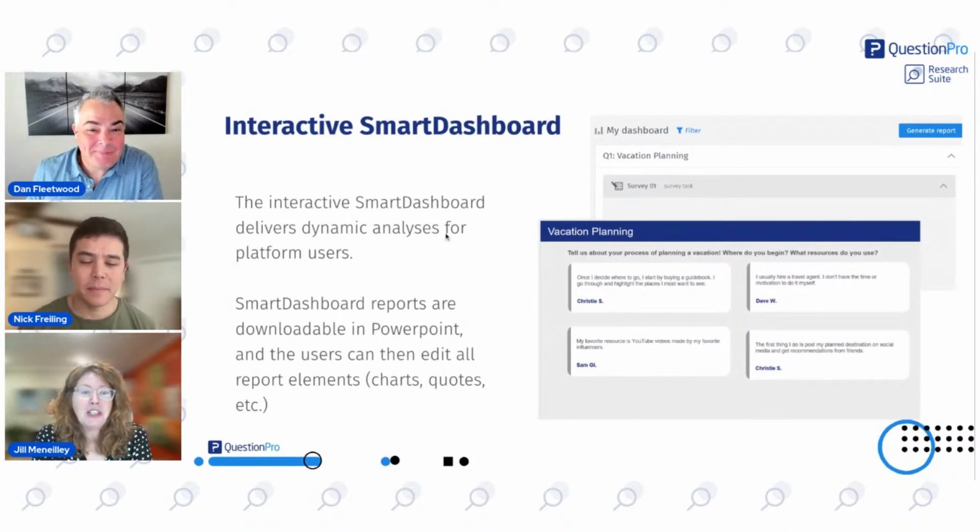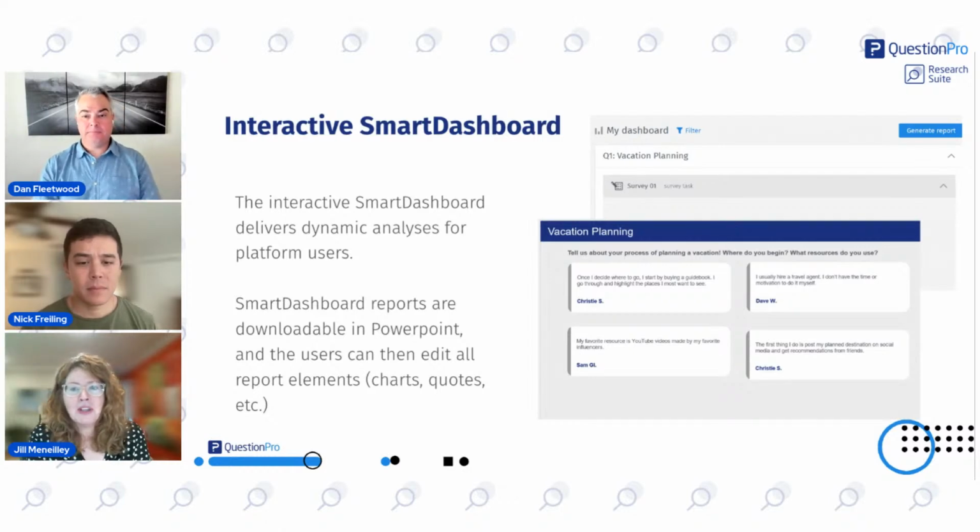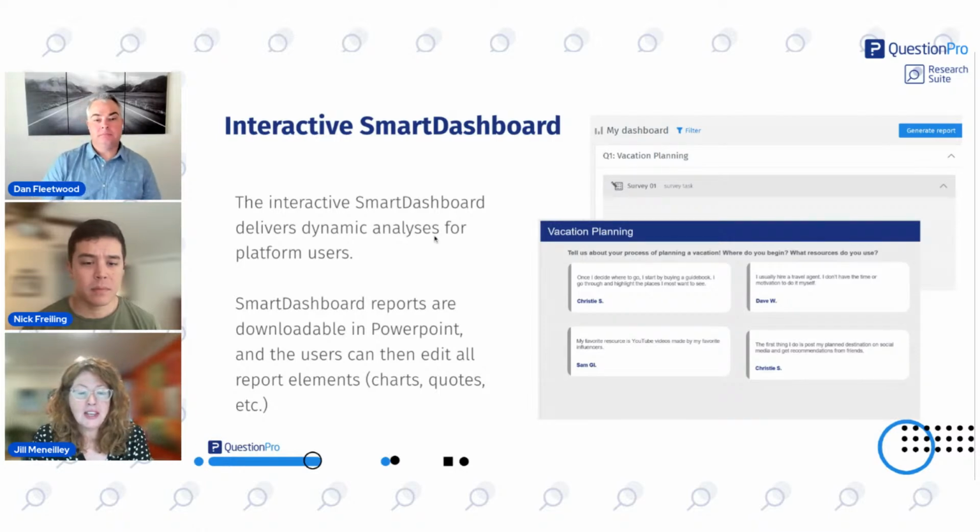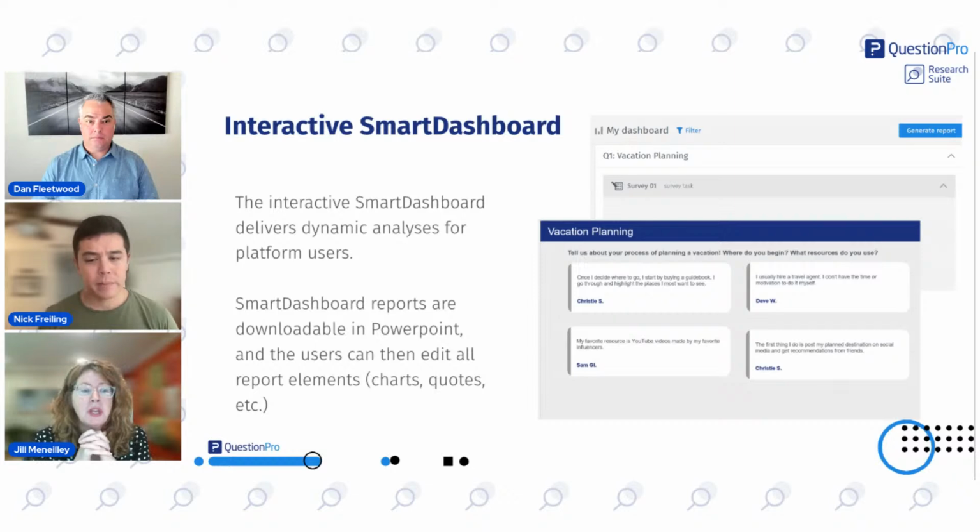The other thing to mention about the interactive smart dashboard, to build on everything that Dan and Nick were talking about, is that we're adding AI analysis to the conversation task. That's the first place we're going to start. The conversation task is the task where you would have the meatiest answer, typically a couple sentences or a paragraph from participants, where we get to go a little deeper. We might talk about their process to do something, or have them talk about their memories, or ask them to tell a story.